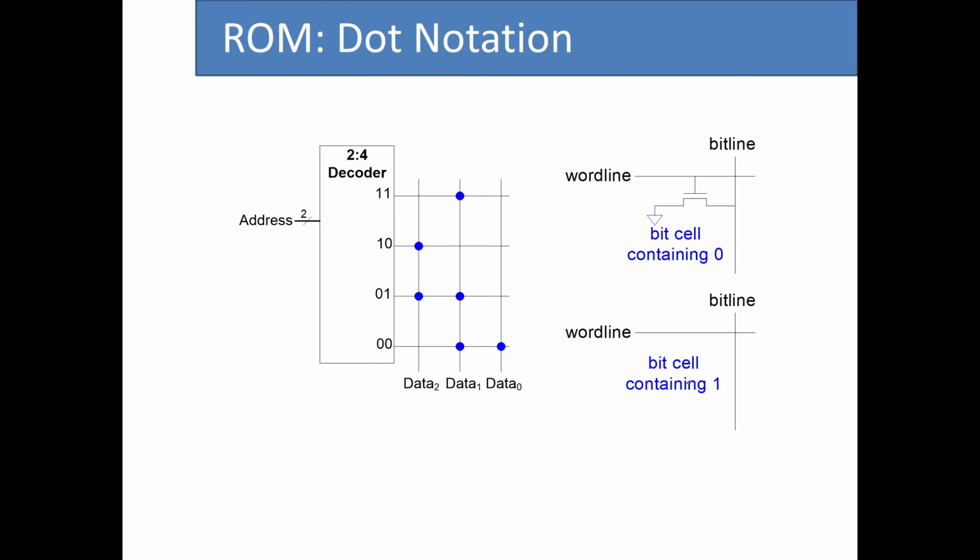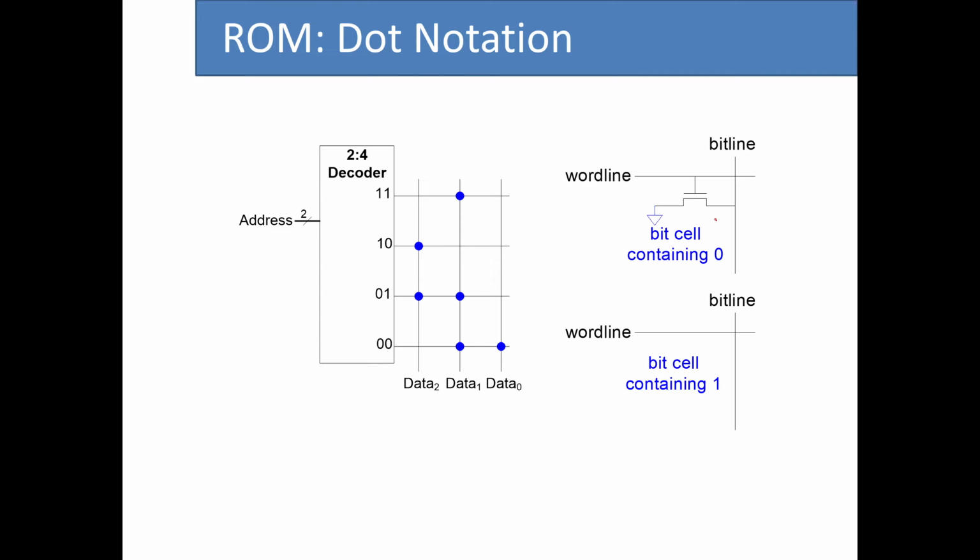If we don't have that, it means that the data is 1. So that's why writing on read-only memories was done usually during the manufacturing process, because for you to write something on it, you actually have to get rid of some components or basically burn a fuse, right? So this process was not reversible.